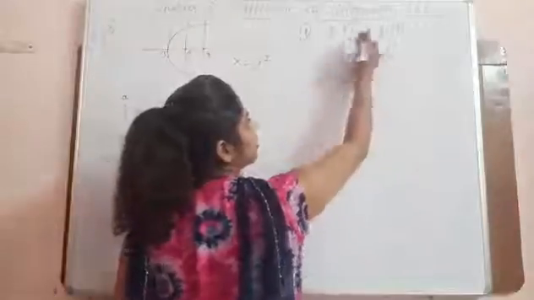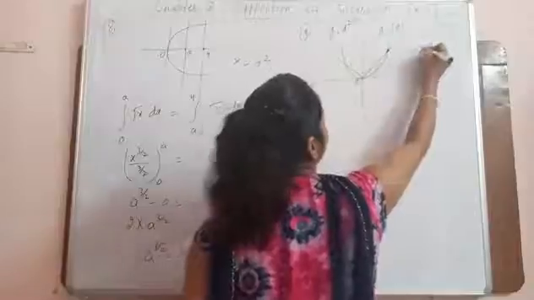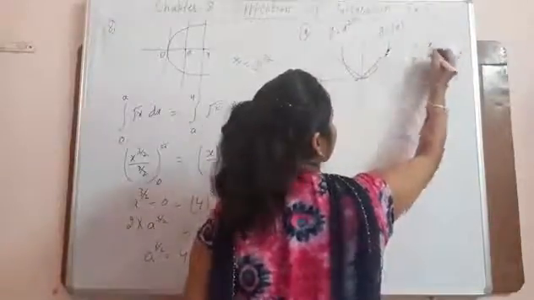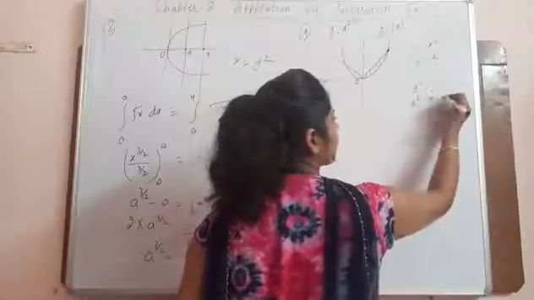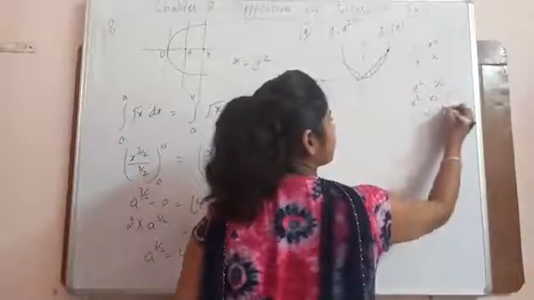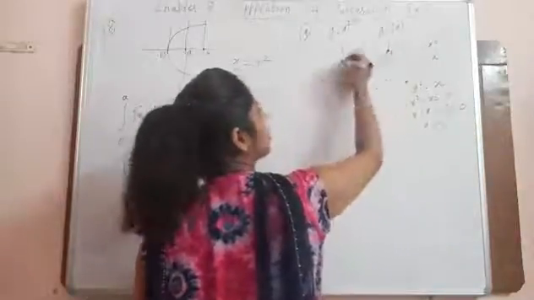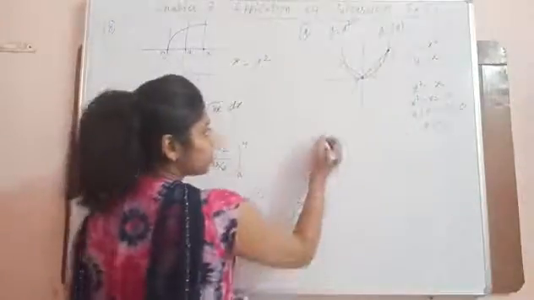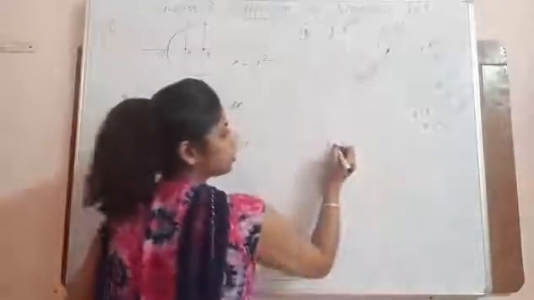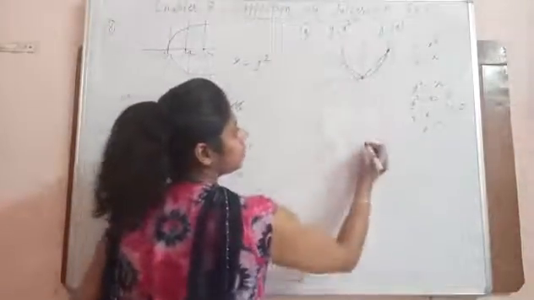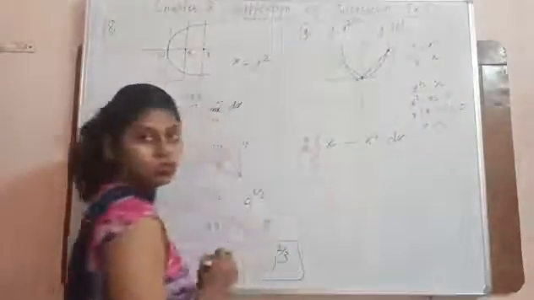So first we find the intersection point. This is plus x, y equals x square and y equals x. So x square minus x equals 0. So x is 0 and 1. Cut at 0 and 1. So 0 to 1, the area under the line minus this curve. Multiply it by 2.